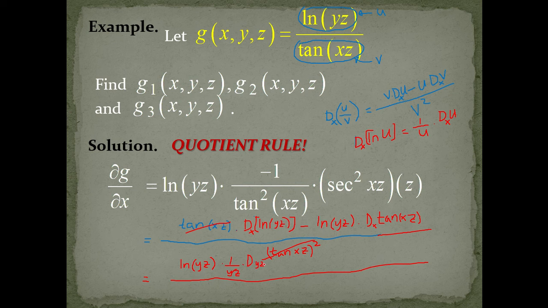Take note, class, that we're differentiating partially with respect to x. We have three variables here, so it means that y and z are held constant.